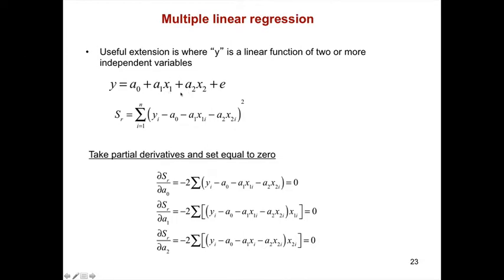Then I would assume that I have my model as y is equal to a0 plus a1 x1 plus a2 x2. So these are my two variables that y depends on. And I'm basically looking for a plane that describes this cloud of data the best in 3D.